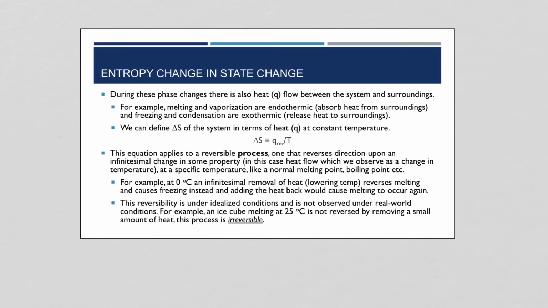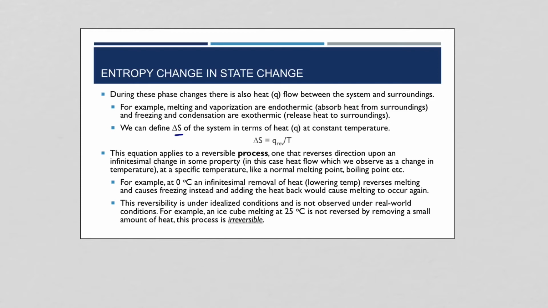So what that means is we can define this change in entropy based on the heat change, based on the heat flow. The change in entropy of a system is the heat at a constant temperature.